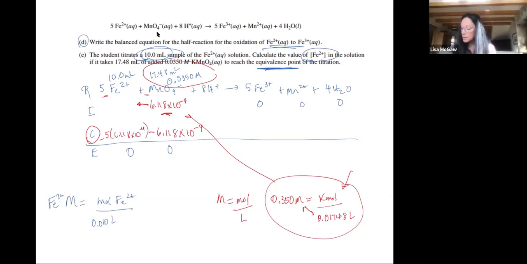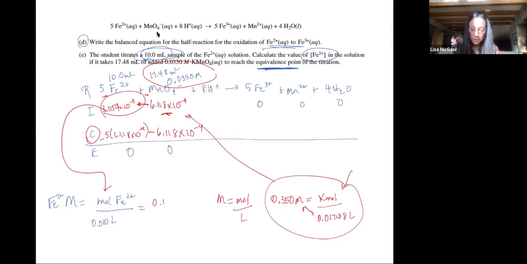And that number comes out to be 3.059 times 10 to the negative third. All right, well, what did that help me with? That helps me to solve the molarity, because now I have my moles, I have my volume, so 0.003059 moles divided by 0.010 liters, and my molarity comes out to be 0.306.